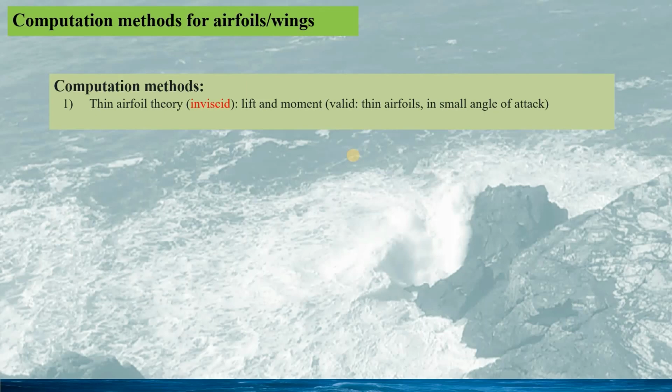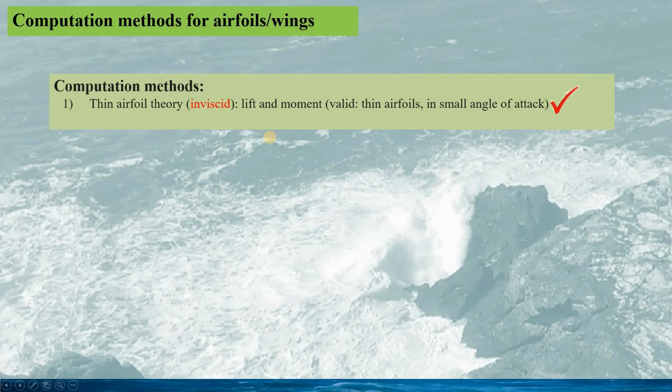For studying the airfoil and wings, we have many different methods. Some might be quite simple, while others might be very complicated. Currently, we have the thin airfoil theory for inviscid flows. This theory will examine the lift and the moment. This theory is valid for thin airfoils at small angles of attack.